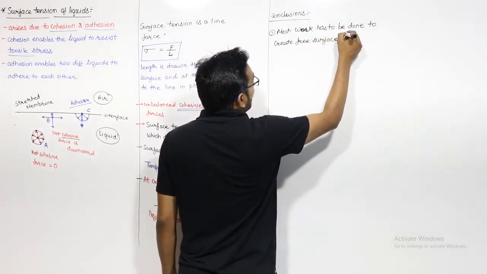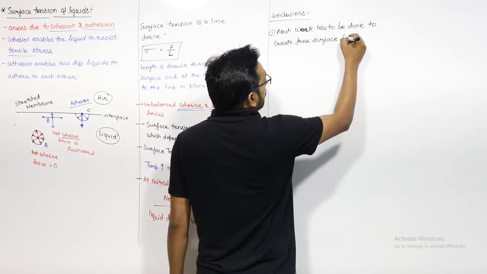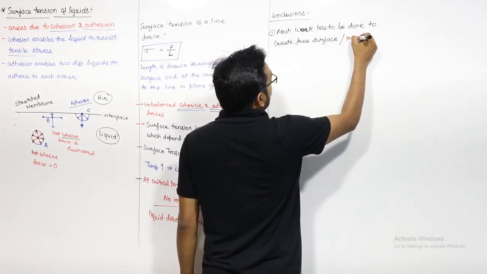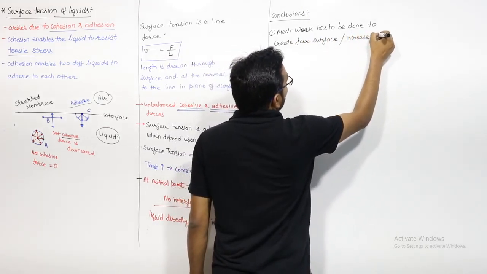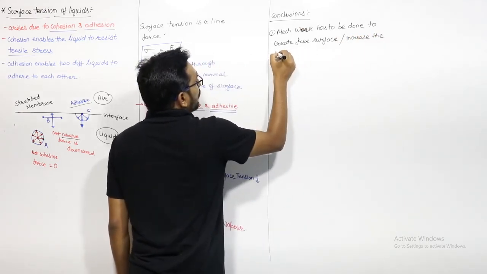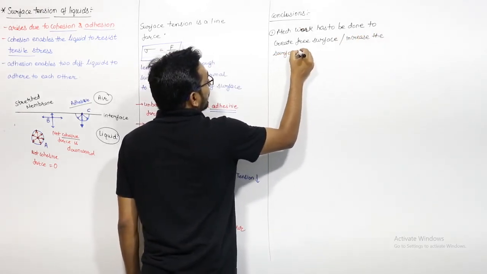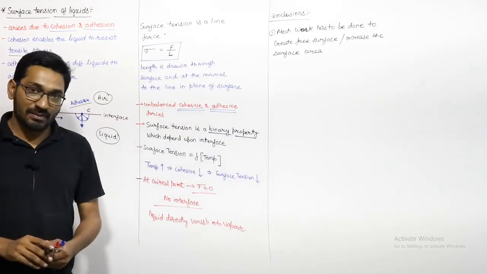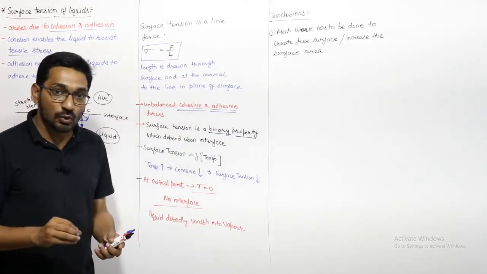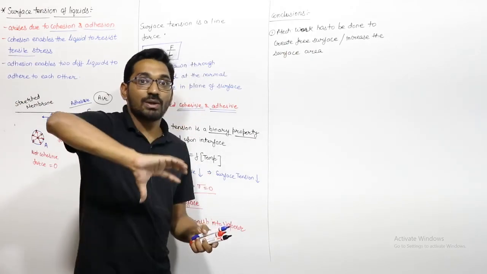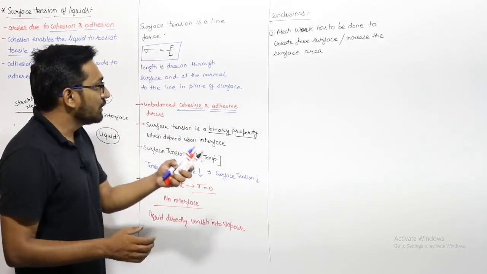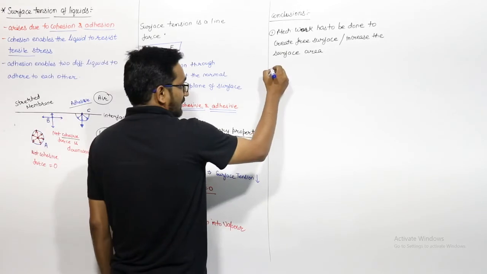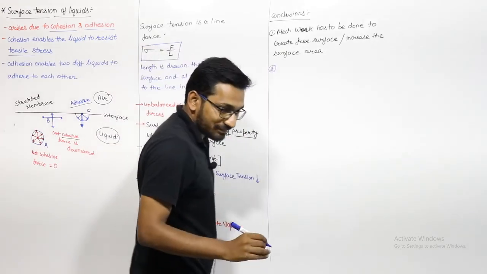Or if you want to increase the surface area, then you have to perform mechanical work. So mechanical work has to be done whether you want to increase the surface area or create a free surface.